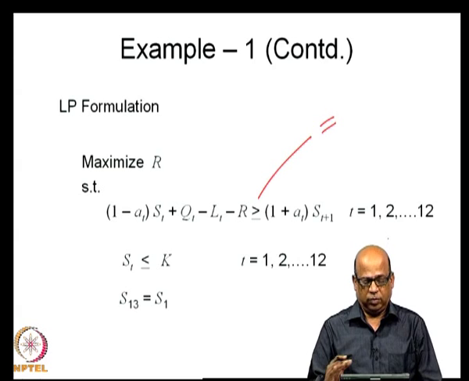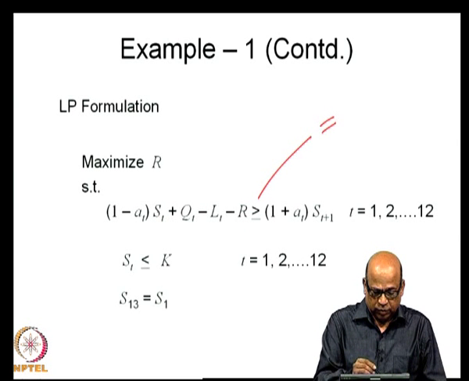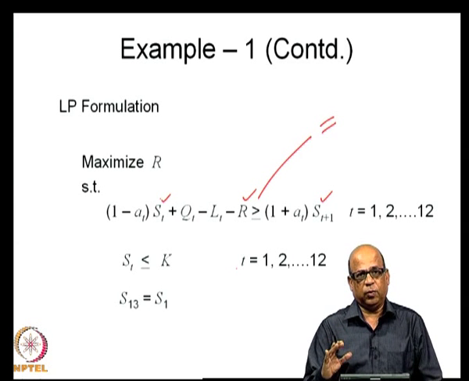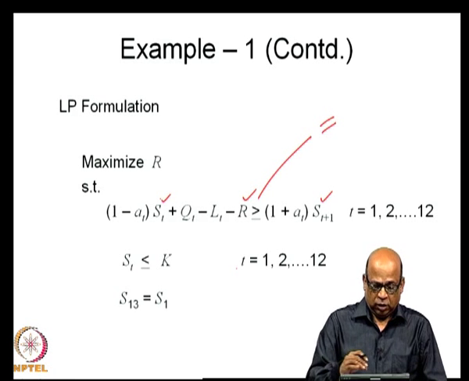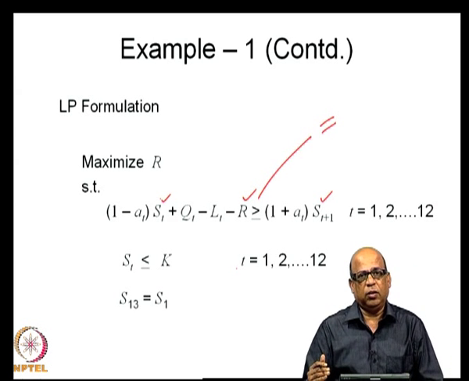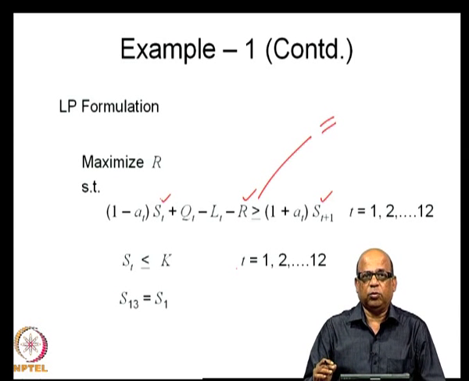Often it gives you infeasible solutions, because here there are decision variables S t, R, and S t plus 1. If you put an equality constraint, you have to meet it 12 times. The left hand side has to exactly match the right hand side for all the 12 cases, and therefore, you may often get infeasible solutions.